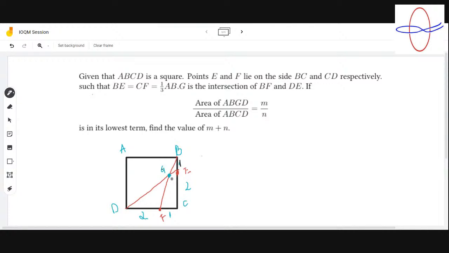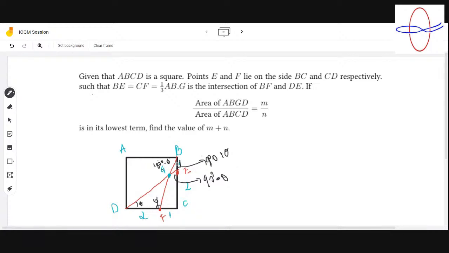Let's try to calculate some area. Let's call this theta. If this is theta, then what do you know? This is 90 degrees minus theta, right? What is this? This must be 90 degrees plus theta. And let's say this is phi, so this is 180 degrees minus phi.